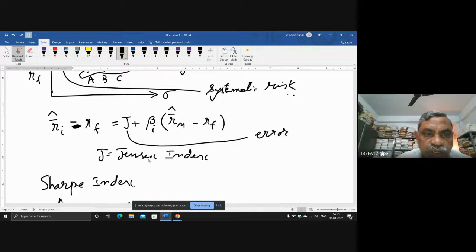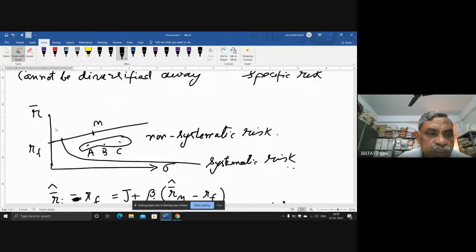That is, look at here. So suppose consider all these things as a portfolio. Let us say the point is here. The slope of this is capital S. So this is known as the Sharpe measure.